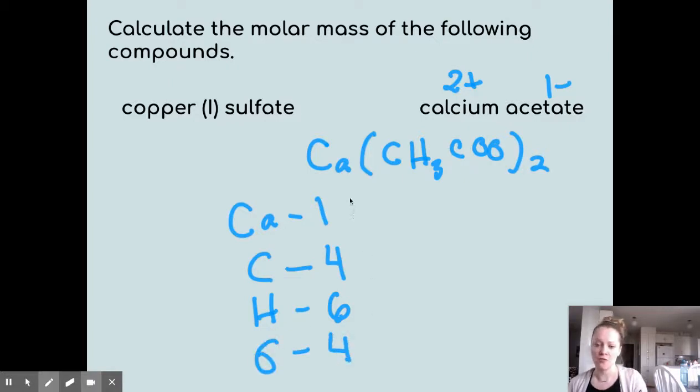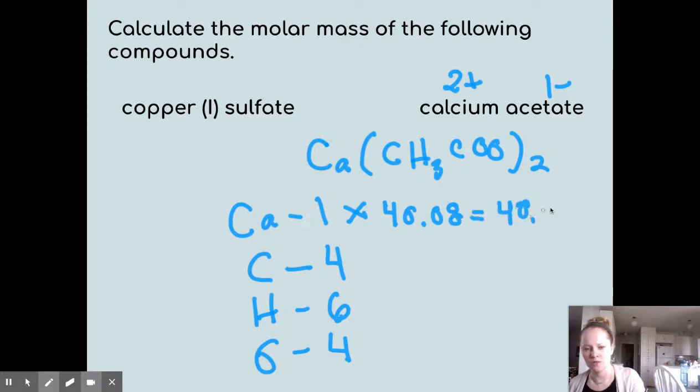Okay. Now find my atomic masses on my periodic table. Calcium should be 40.08. I know I don't have to multiply that one, so I'm just going to follow it through. Carbon should be 12.01.